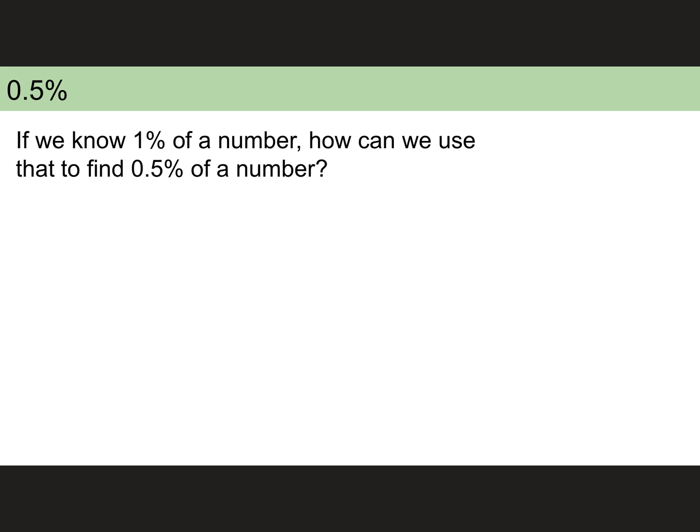So a nice way to find half of a percent is to always start by finding 1%. Let's say I have the number 200, and I want to find 1% of that. To find 1%, I can do a couple things. One, I can multiply by 1/100, or I can divide by 100.